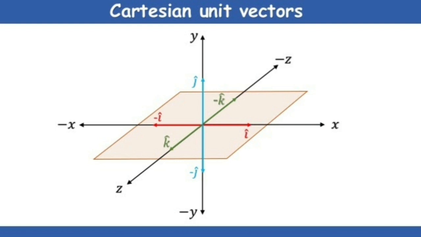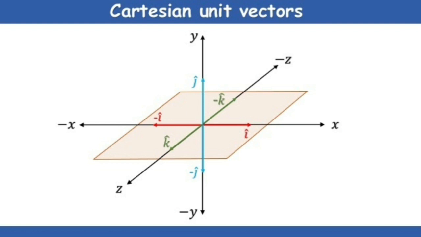The word orthogonal means mutually perpendicular. All three x, y and z directions are perpendicular to each other. The angle between x and y axis is 90 degree, the angle between y and z axis is 90 degree, and the angle between x and z axis also is 90 degree, and that is a three-dimensional concept.